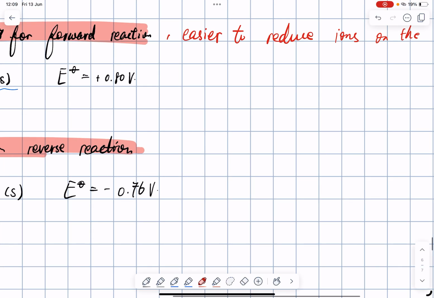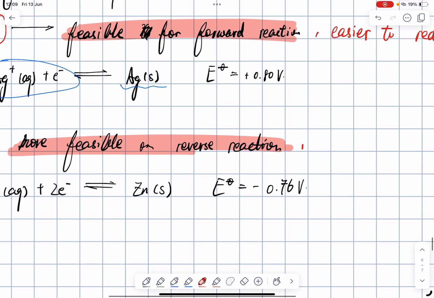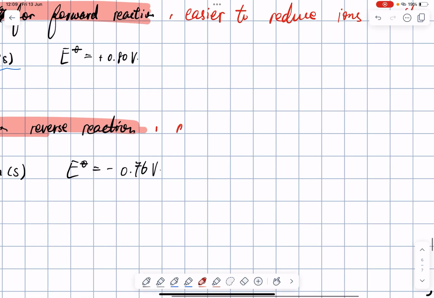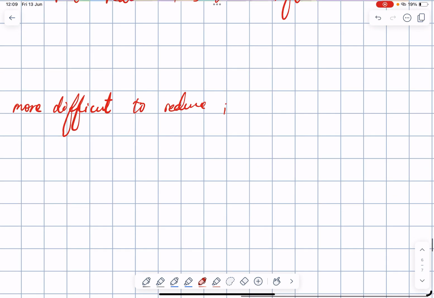Vice versa, if E is negative, it's more difficult to reduce ions on the left.